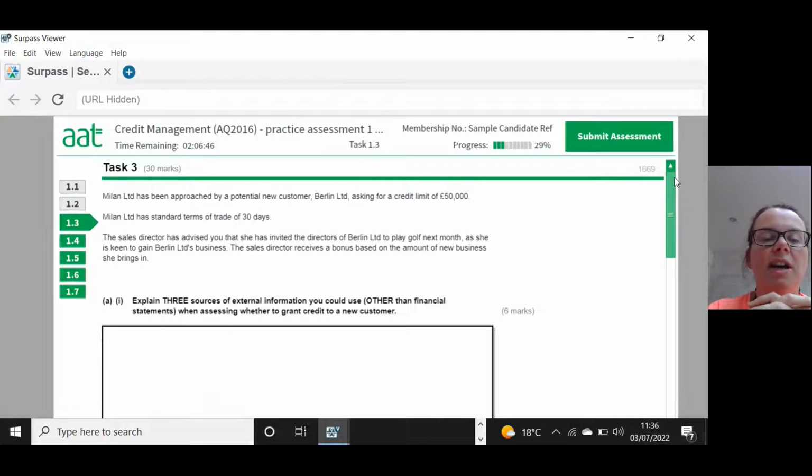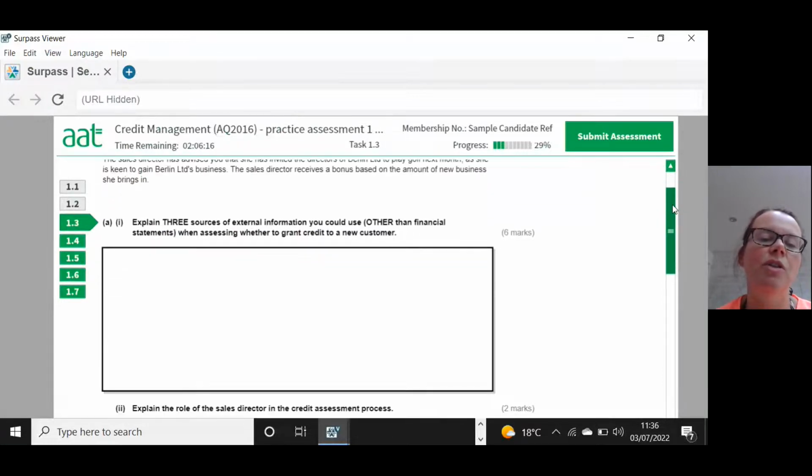The sales director has advised you that she has invited the directors of Berlin Limited to play golf next month, as she is keen to gain Berlin Limited's business. The sales director receives a bonus based on the amount of new business she brings in. So part A, explain 3 sources of external information you could use other than financial statements when assessing whether to grant credit to a new customer.